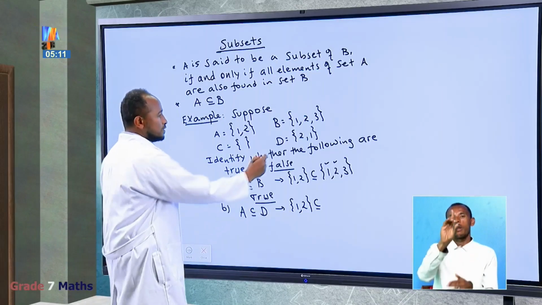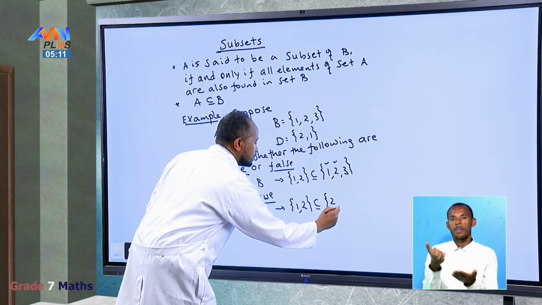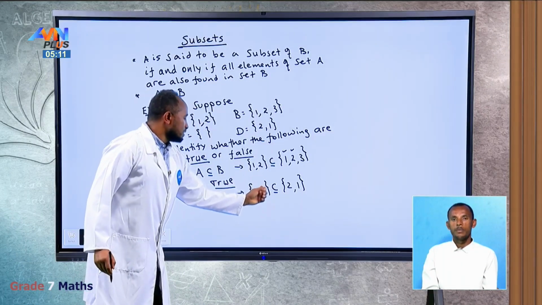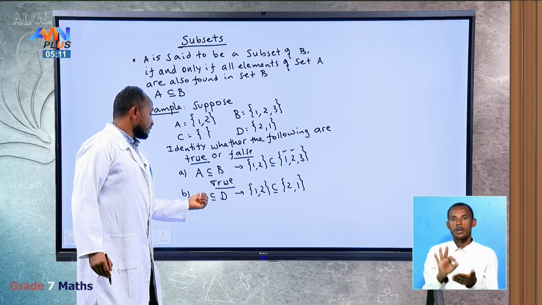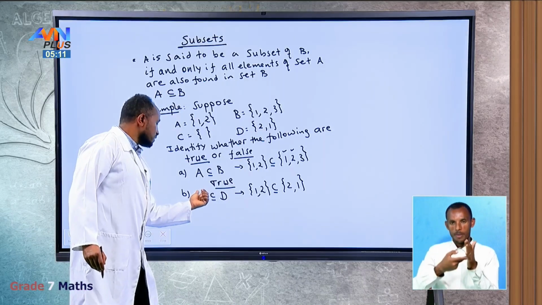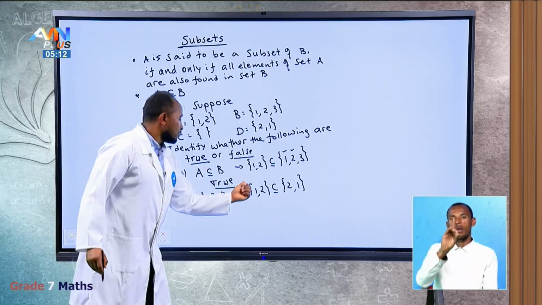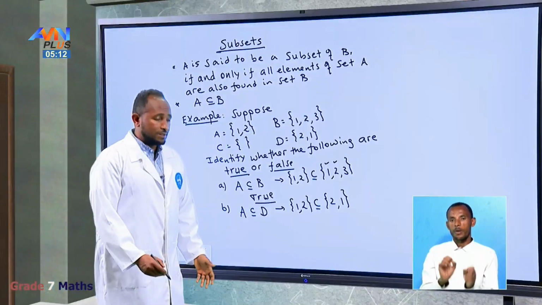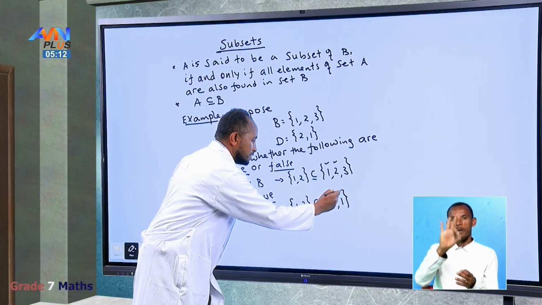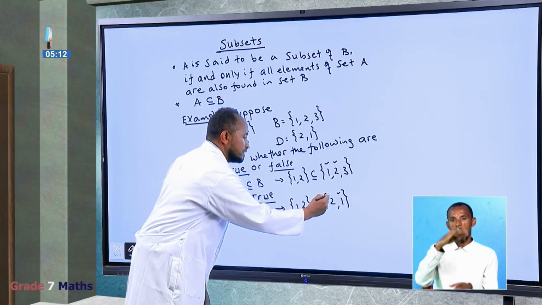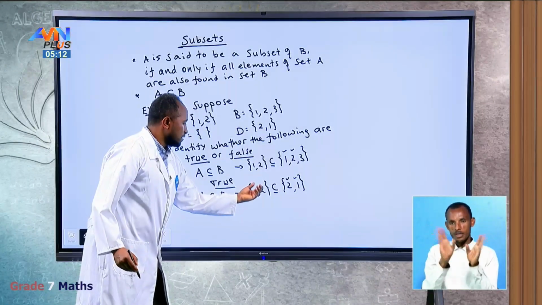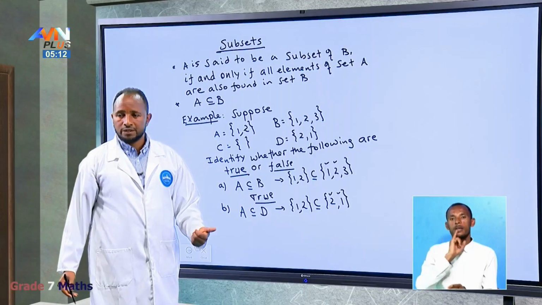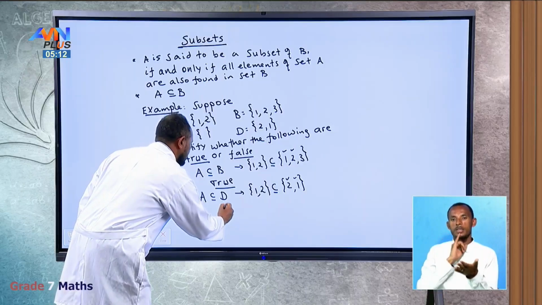D contains the elements 2 and 1. A subset of D means all elements here are found in D. Is 1 found? Yes, in the next set. Is 2 in the second set? There it is. So all elements here are also found in this set. Therefore, A is a subset of D is a correct statement. So this one is true.